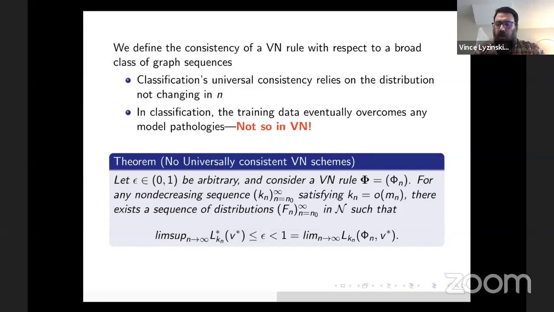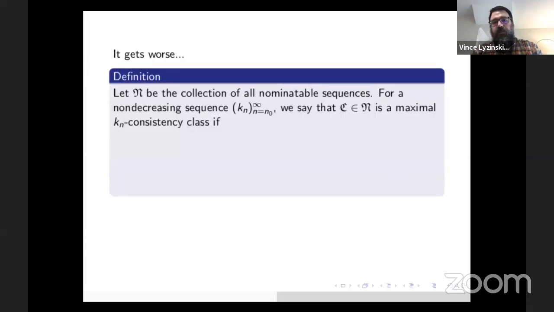And we thought, okay, well, what can we do about that from a practical perspective? And our first thought was, well, what if there's not one Vn scheme that works for all distributions? But what if we can have a finite number of Vn schemes such that, if you talk about the sets of distributions for which they're consistent, they would tile the whole space.